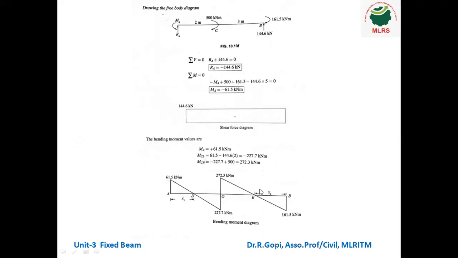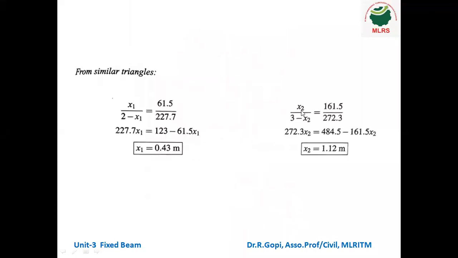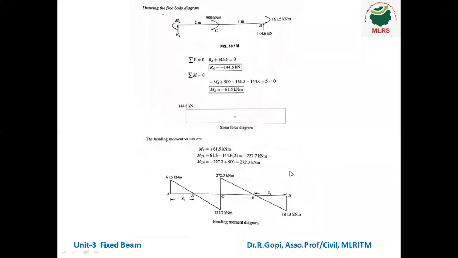Next, come to x2. Same thing: x2 divided by 3 minus x2, because this distance is 3 meter, equals 161.5 divided by 272.3. Solving this equation, we got x2 equal to 1.12 meter.